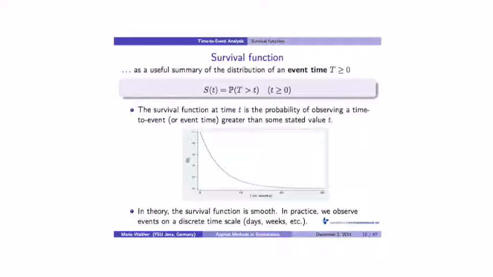So you want to model the probability that the event occurred after a given time point t. Or in other words, the survival function is the probability of being event-free up to time t.